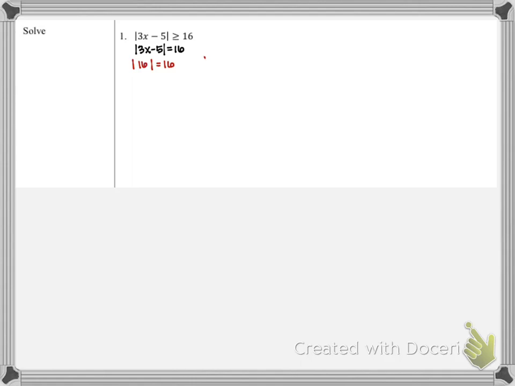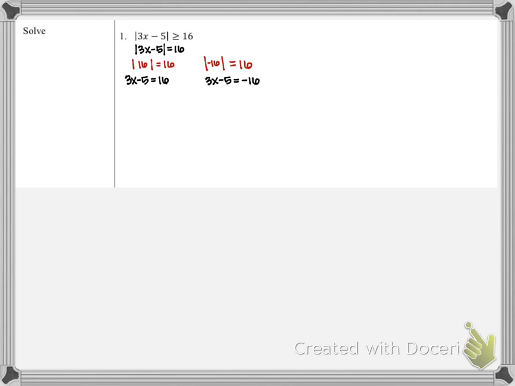What number is 16 units away? Well, that's negative 16. So now let's set the inside of the bars equal. The inside of the bars, 3x minus 5, is equal to 16. And the inside of the bars, 3x minus 5, is equal to negative 16.